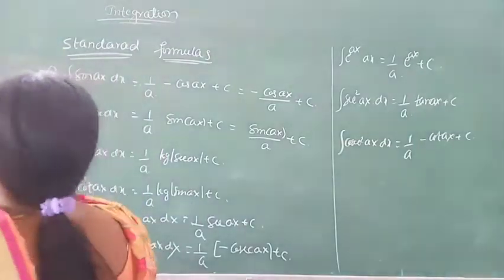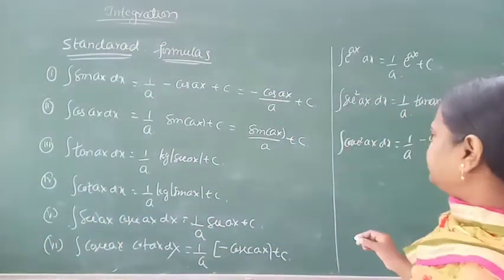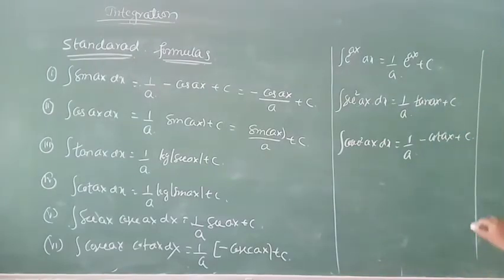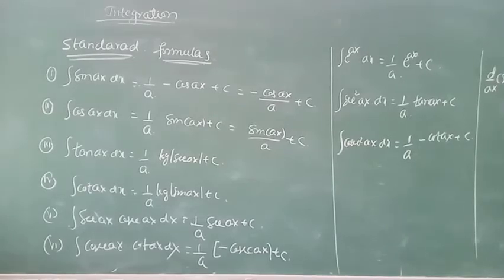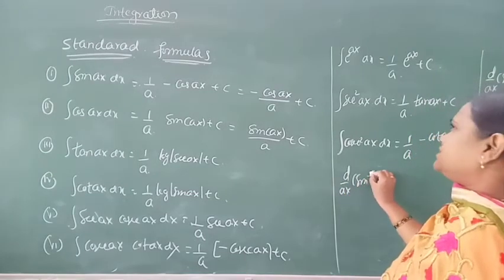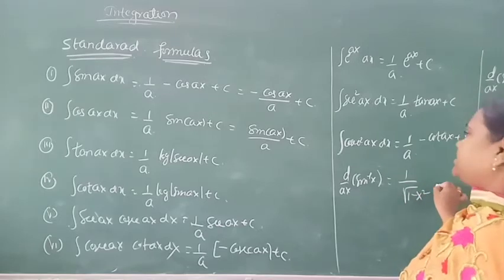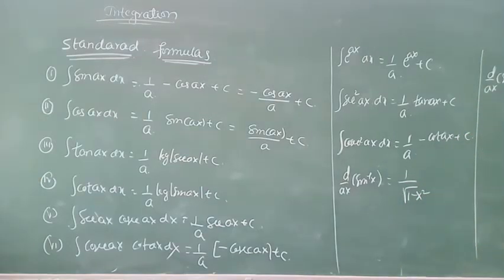Okay, these are the formulas, and also we know the differentiation of d by dx of sin inverse x. What is the formula for differentiation of sin inverse x? That is 1 by root of 1 minus x square, correct? d by dx of sin inverse x is 1 by root of 1 minus x square. Already we calculated. Okay.